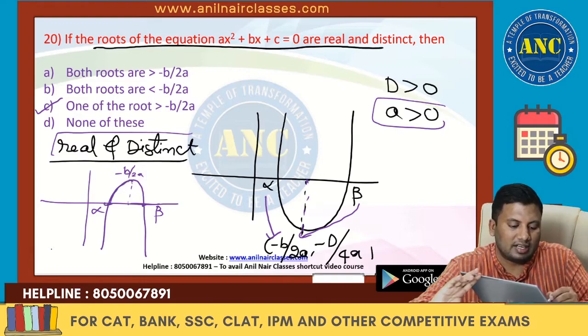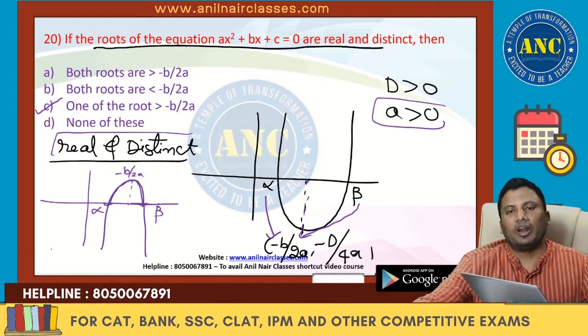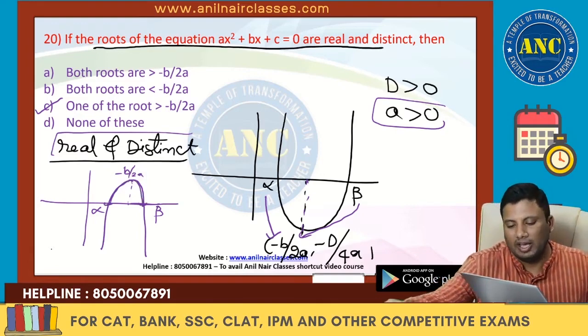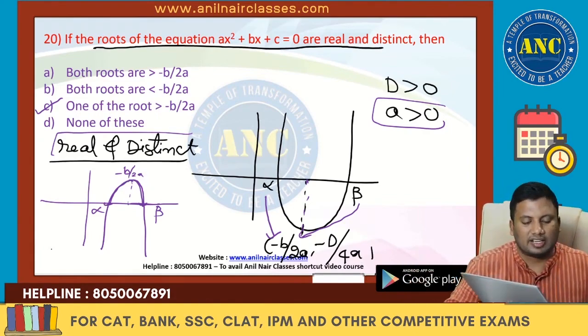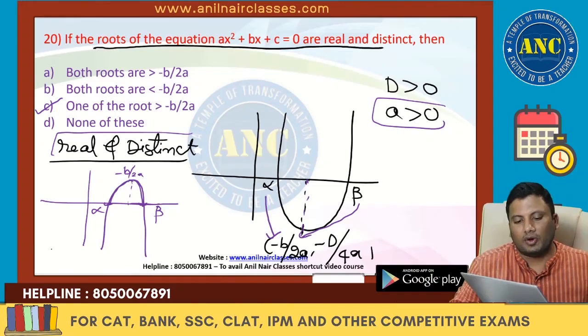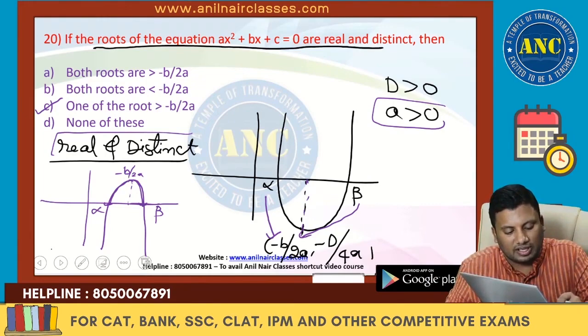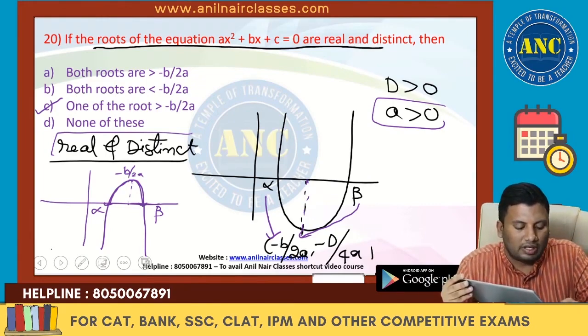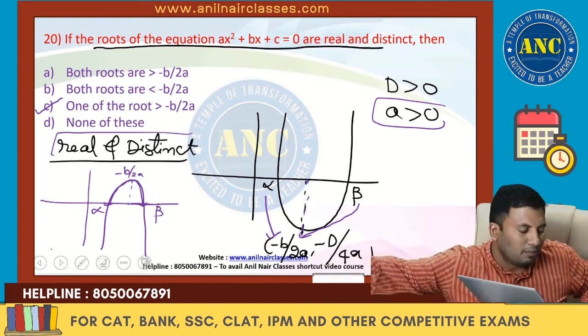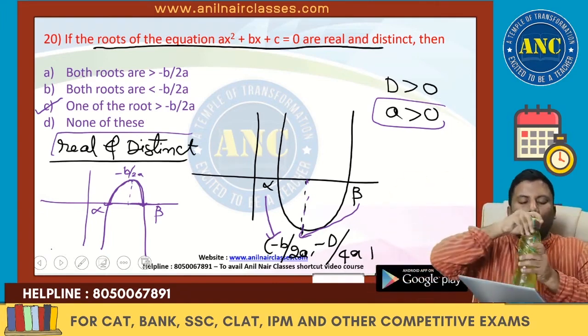One is less than minus b by 2a, one is greater than minus b by 2a. For a greater than 0, it is right. For a less than 0 also, it is right. Answer for this question is option number C, which is one root is always greater than minus b by 2a. I hope it is clear.